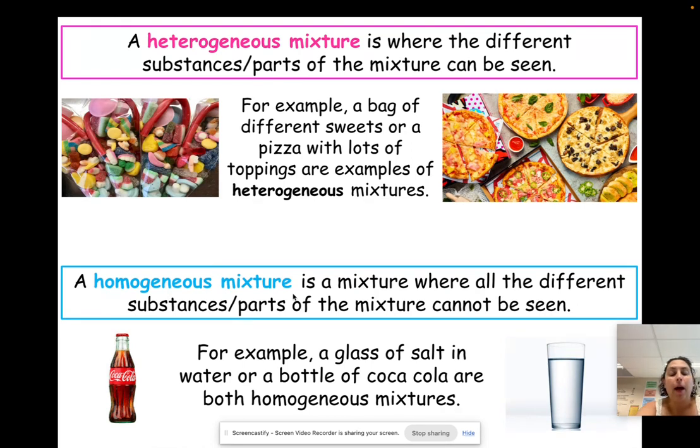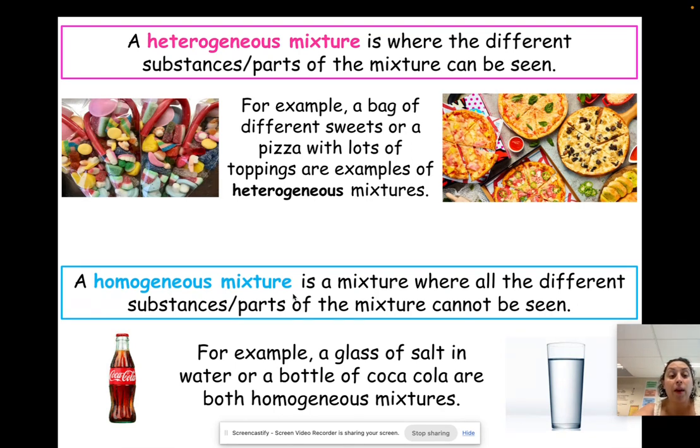A couple of examples of homogeneous mixtures include juices where you mix the powder in and you stir it with water, Coca-Cola or soft drinks, Sprite, all of those sorts of things.